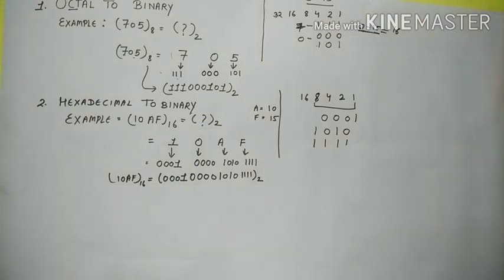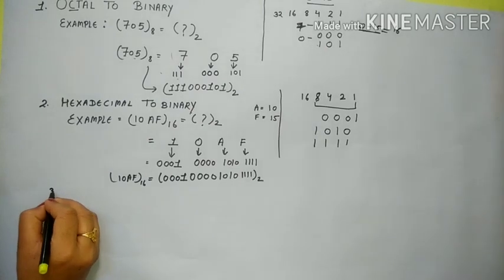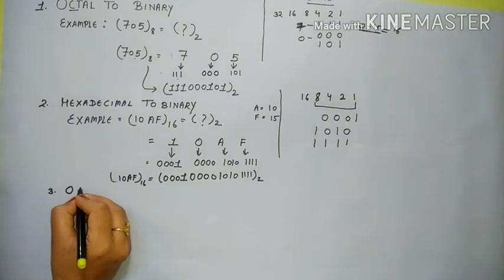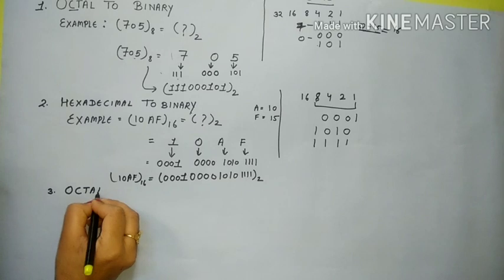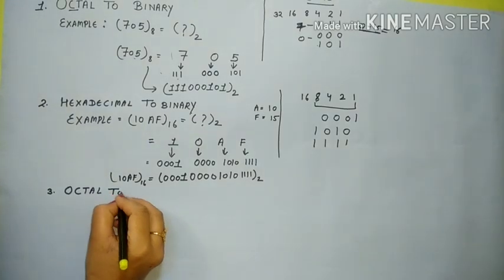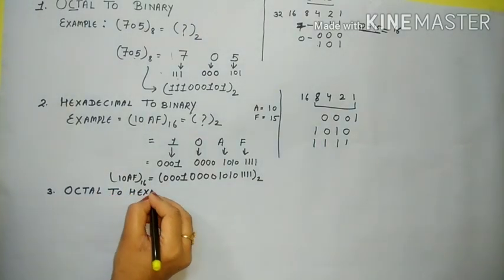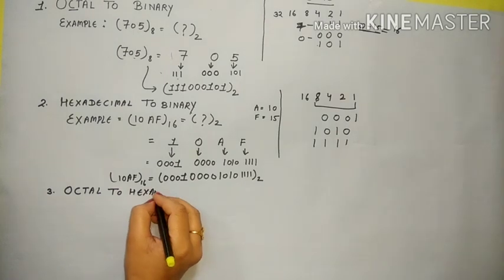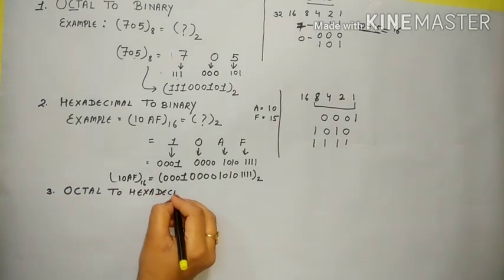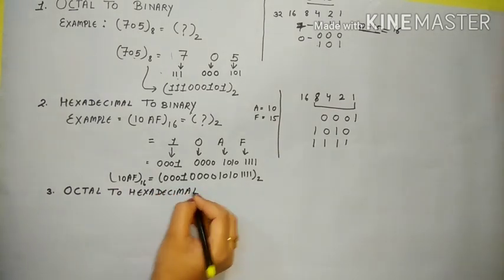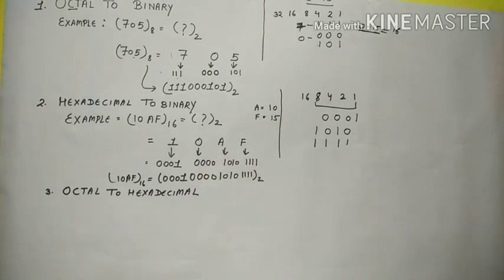Next we have octal to hexadecimal. Okay, this one contains 3 steps. The first step, let me take the example first.